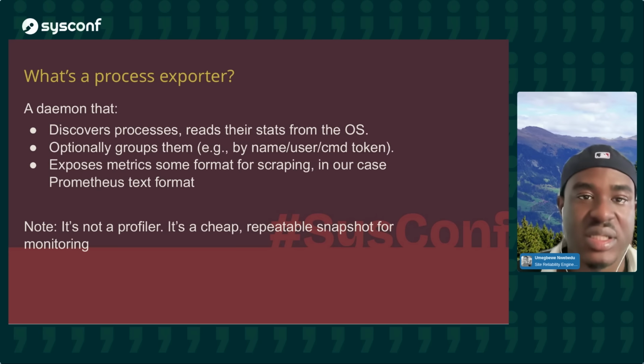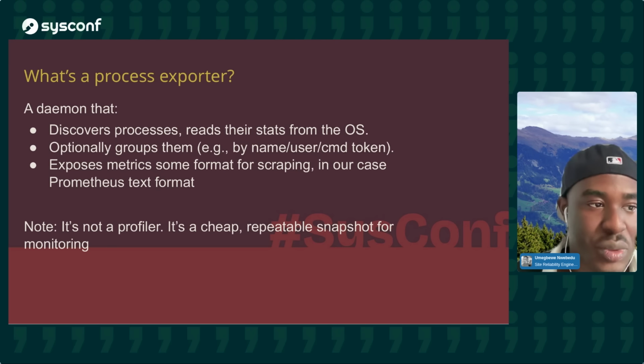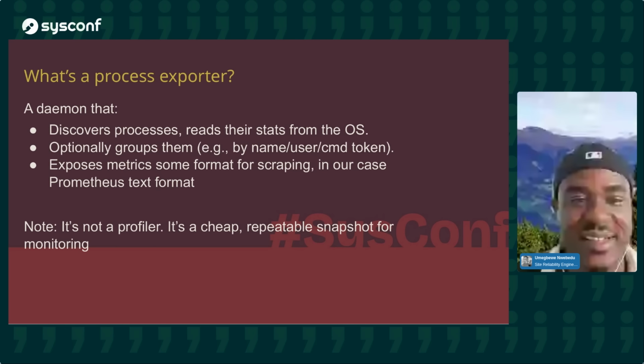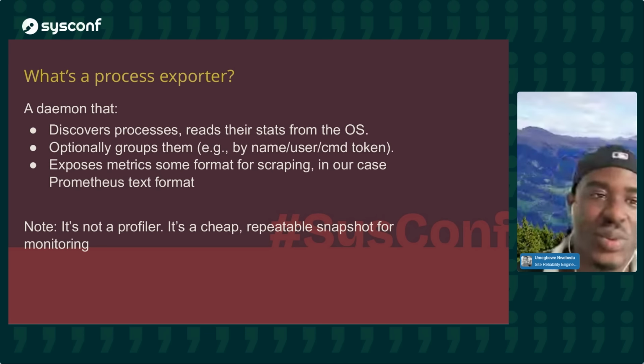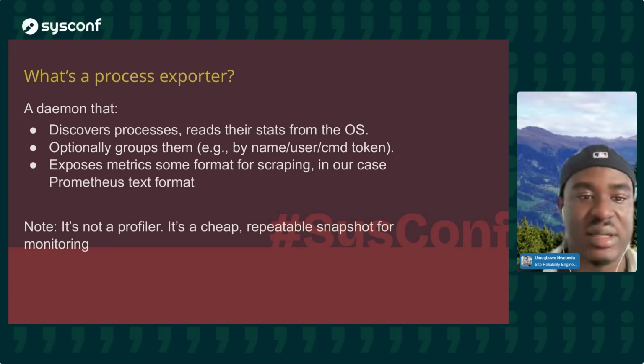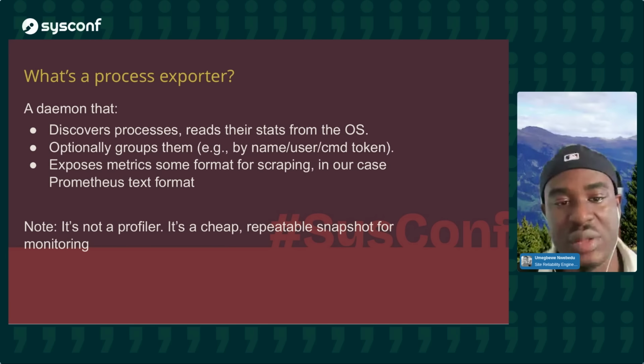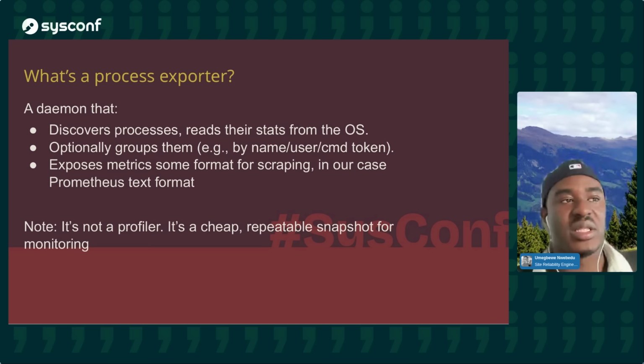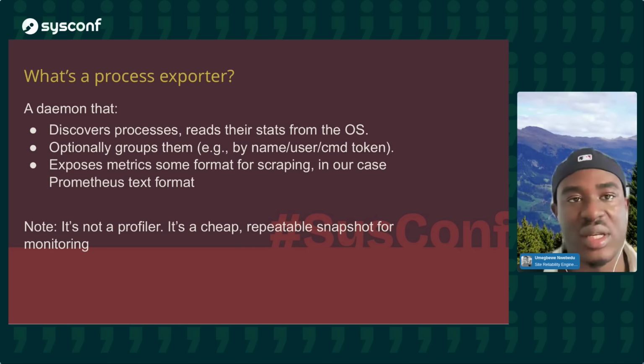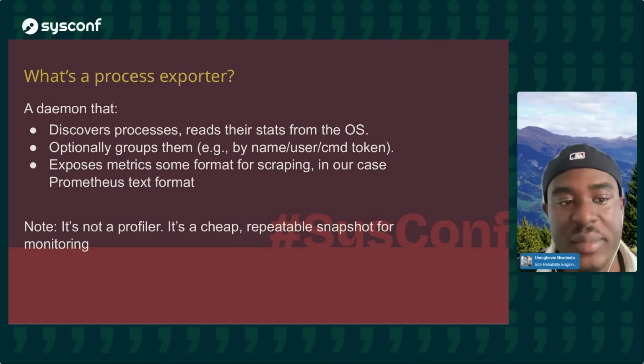These processes have something called a PID, which is a process ID. So what we are doing here is that we tell the OS, I want to get the process IDs, and tell me about this process. I need more information about this process. Then, when we get all of that, we group them and expose them in some format meant for scraping. In our case, we do that with the Prometheus text format.